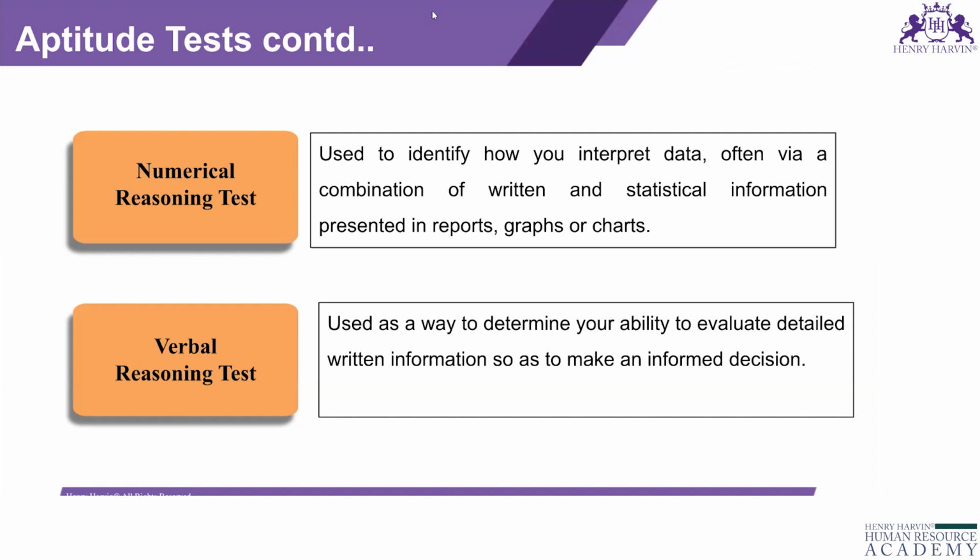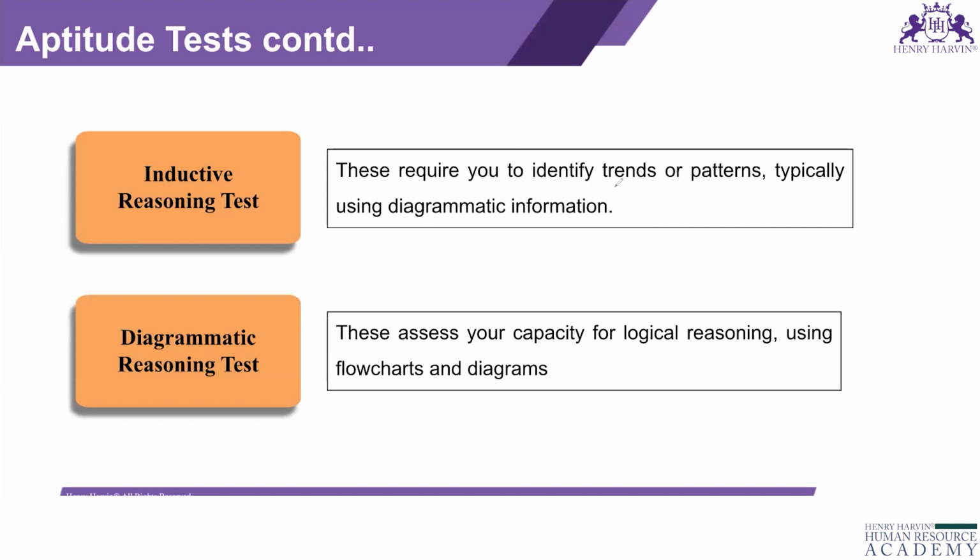Then comes the inductive reasoning test. See, there will be some trend or pattern, right? Some diagrammatic pattern will be there, and you have to work out which pattern will come next. All such kinds of tests are inductive reasoning tests. Then diagrammatic reasoning tests assess your capacity for logical reasoning using flowcharts and diagrams.